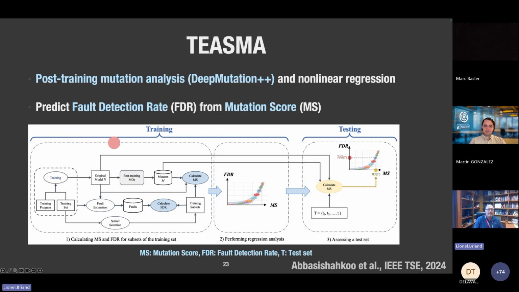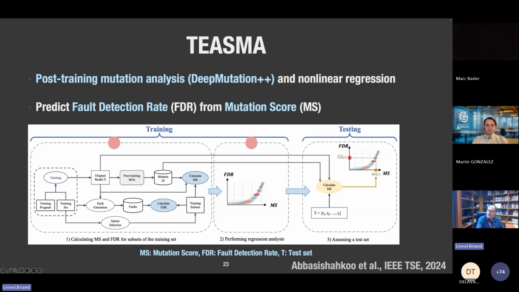Then we took the training set, where we know what the actual mispredictions are, and computed what we call the mutation score, that is, the extent to which the training set was able to detect those seeded mutations in the model.